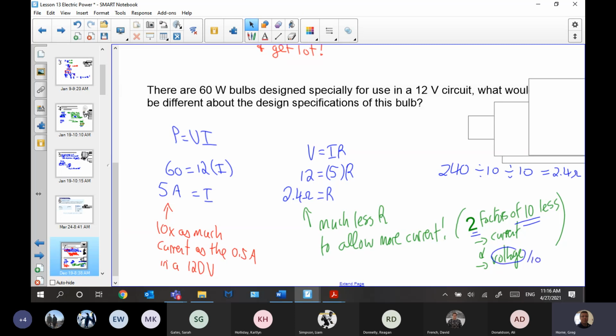We have a divide by 10 in voltage, right? And as a result, we have a factor of 10 difference with the current as well, right? So we have 10 times as much current flowing, and then they're carrying 10 times less energy, and so there's a double factor of 10. You'll see that in a couple different questions when we go through this.